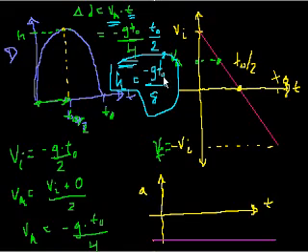And once again, this is minus g, so if gravity is actually minus 10 meters per second squared, this becomes a positive. So h is equal to positive 10 meters per second squared times, let's say it takes 5 seconds.